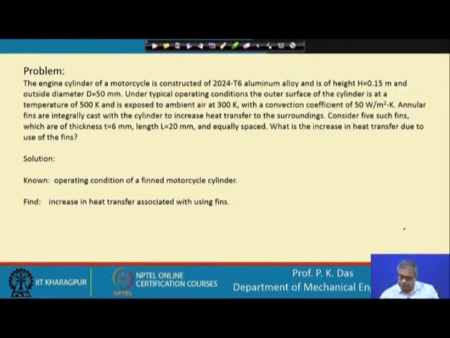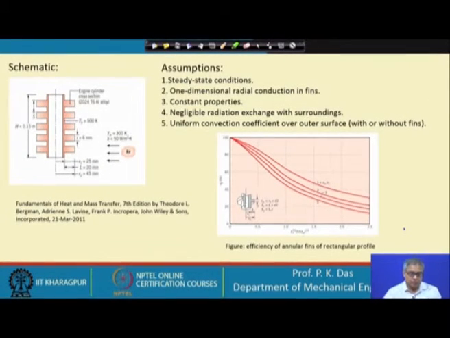If you see, this is the figure. So, this we can as well think of as a heat exchanger. Basically, it is a heat exchanger. So, there will be some fluid inside this cylinder and that fluid will have a higher temperature.